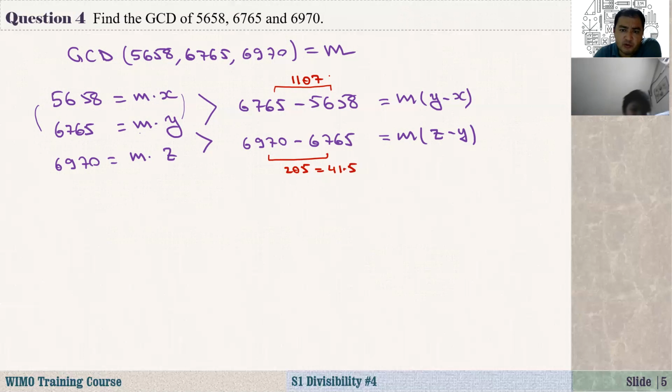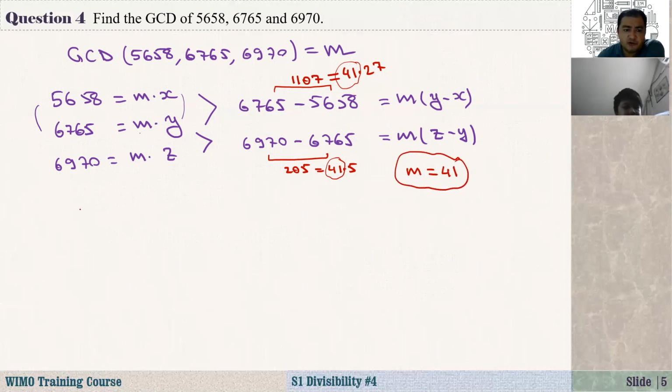Now, is 1107 divisible by 41? If you divide by 41, the answer is 27. So these two numbers have a common factor here, 41. So from here I draw the conclusion that this M must be 41.